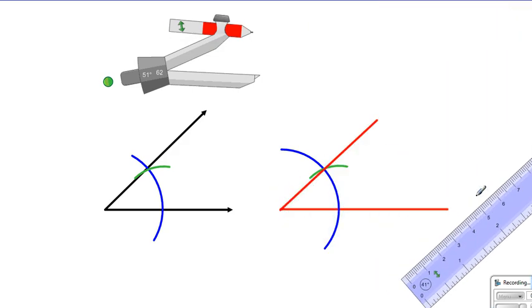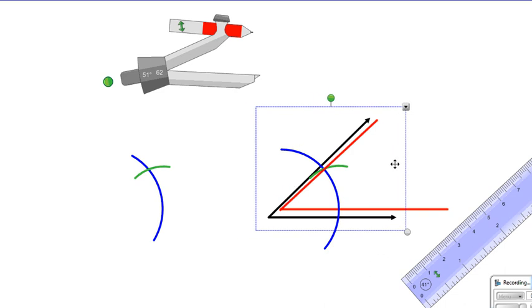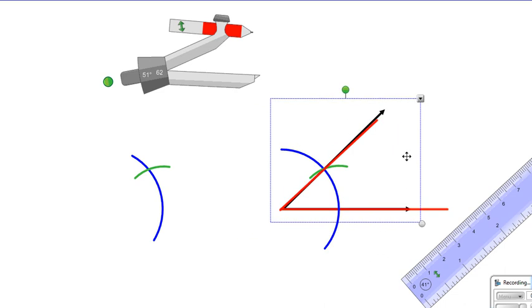Now what I have done is I just copied the original angle onto the side. Once again, just to show you whether I have copied this one correctly or not, I can move this and show you that it is about a match. I mean, there's a little bit of mistake, but it's a pretty good match.